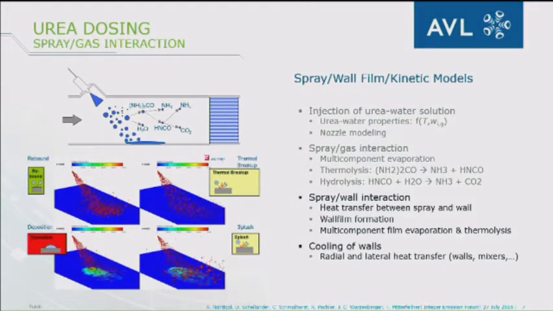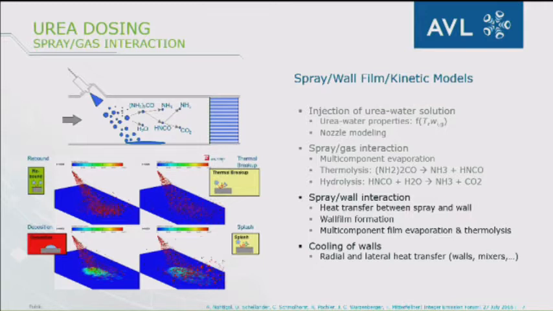Then spray wall interaction. When the droplet hits the wall, there are several effects which we need to consider. One is the heat transfer between the droplet and the wall during the contact time. Then there are different regimes which need to be considered.